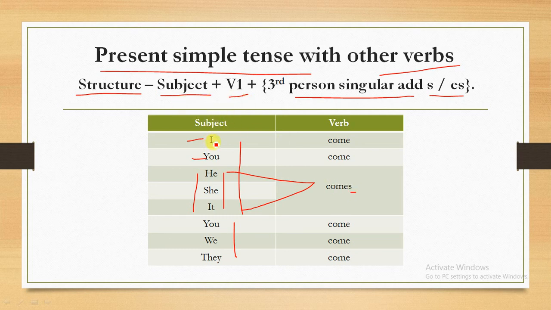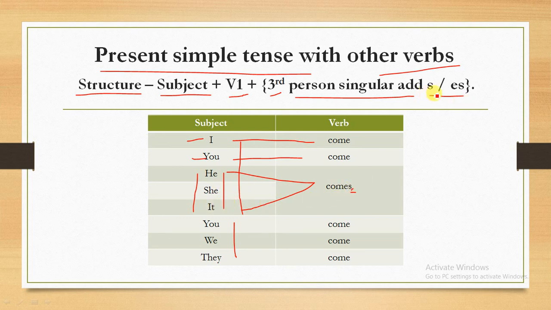Here the subject is I: I come, I go. We are talking about the first person, so we don't need to use this. In the second person also: you come, you go. In this case also we don't need to use this, but for the third person we need to add s or es. So here we will see he comes, I added s here, she comes, it comes.